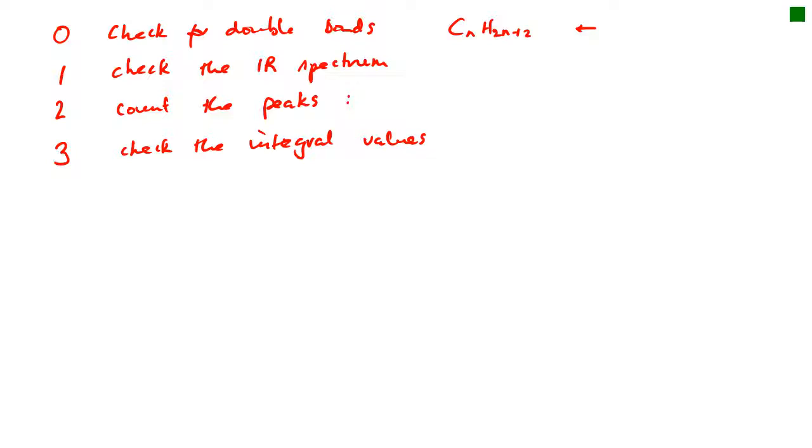And they might be given to you in whole numbers already, or they might not, in which case, as we did before, you divide by the smallest number. And even then, you might not get whole numbers, you might get 1.5s, in which case, just like in empirical formulae, you're going to double it up until you get all whole numbers, because you can't have a part of a proton.